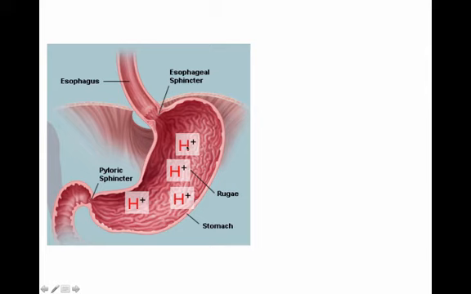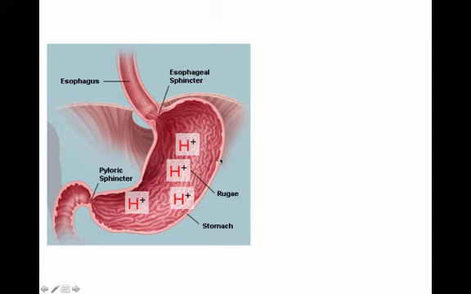Well, by acid, what I mean is that your stomach actually has a lot of H+ ions, or a lot of protons, running around on the inside of your stomach. That's what makes your stomach acidic. How do those H+ ions, or those protons, get there? It turns out that there are cells lining your stomach, all along the lining. And these cells have very tiny molecular pumps.